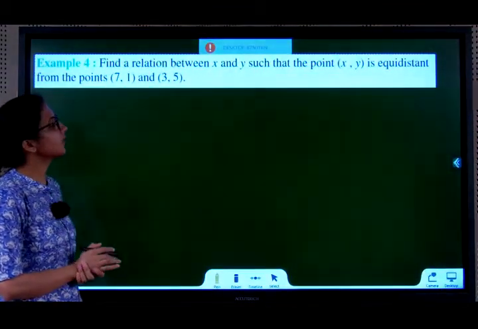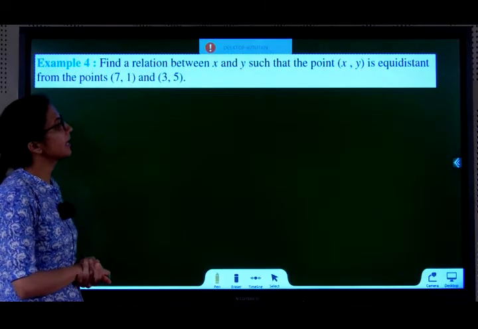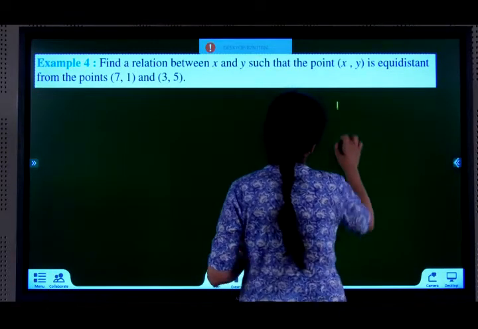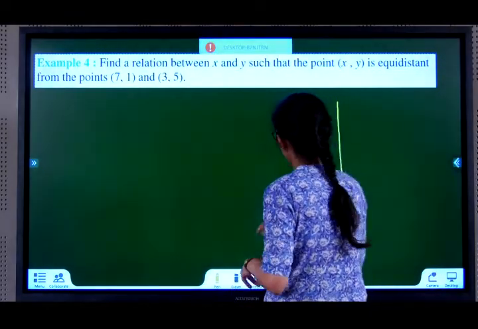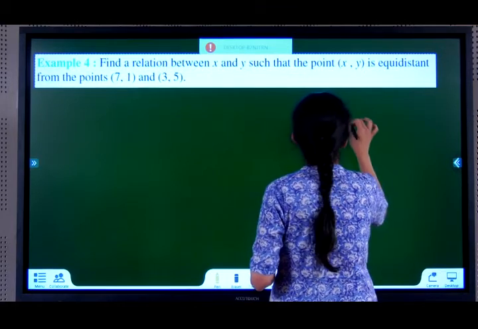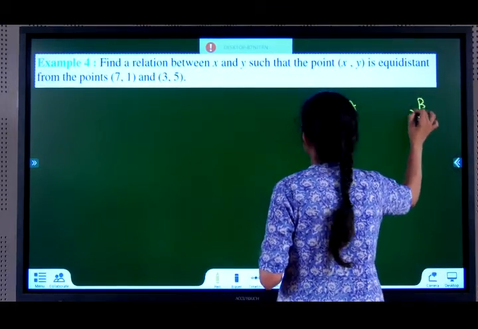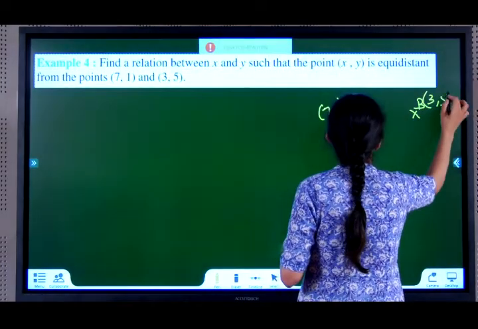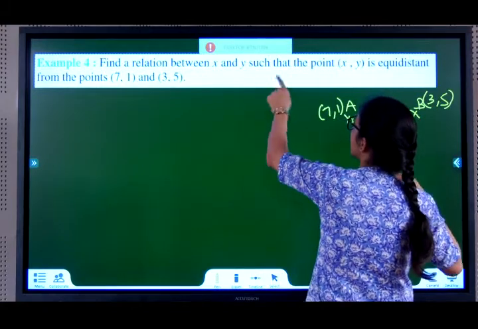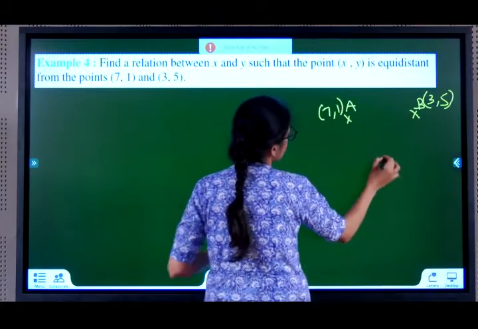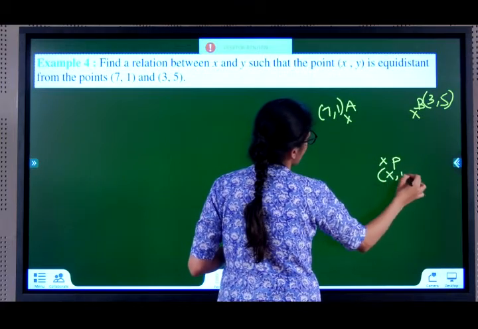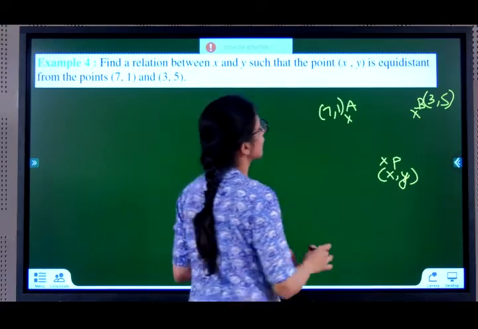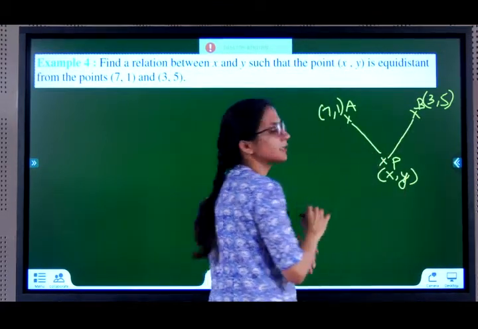Example 4. Find a relation between x and y such that the point x comma y is equidistant from the points, let's say A and B. This is just like what we learnt in equidistant. So we have 2 points A and B. This is 7 comma 1 and this is 3 comma 5. They are telling you to find a relation between x and y such that the point xy, some point here, is equidistant from A and B. If xy is equidistant from A and B, can I say AP equals PB?